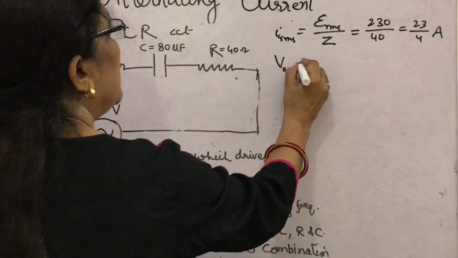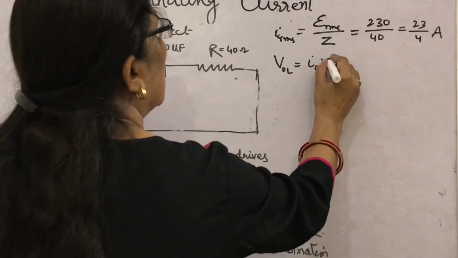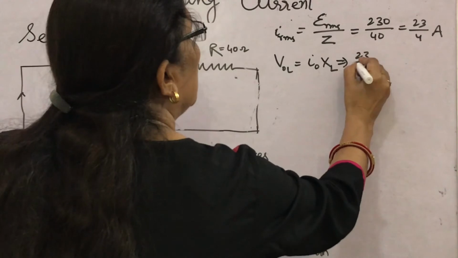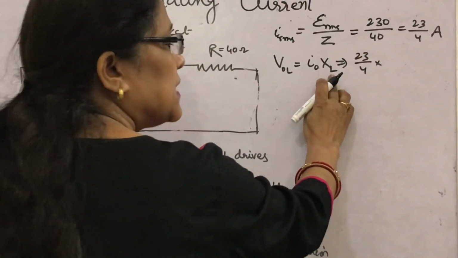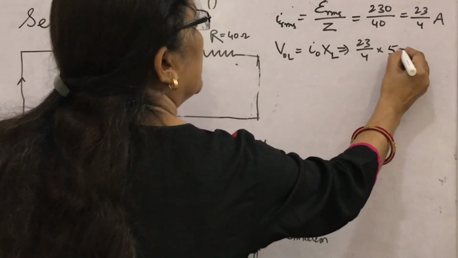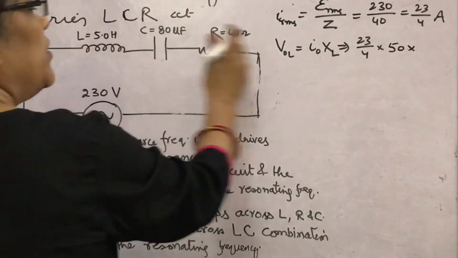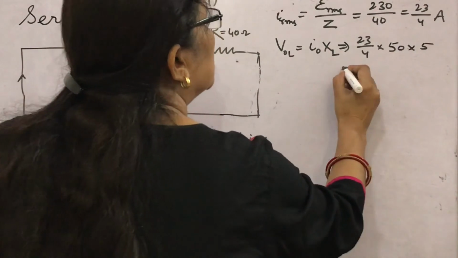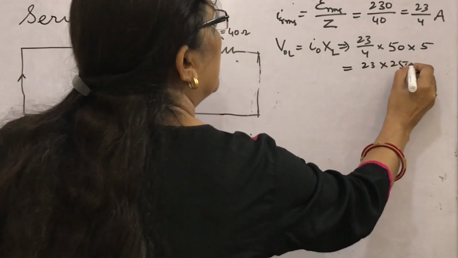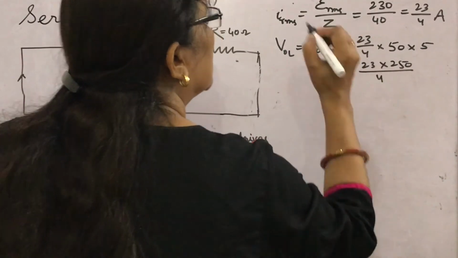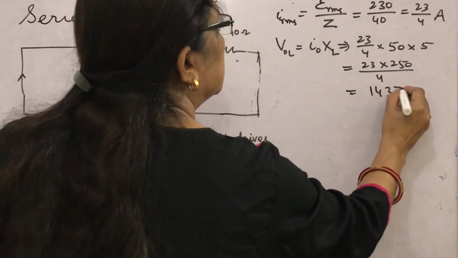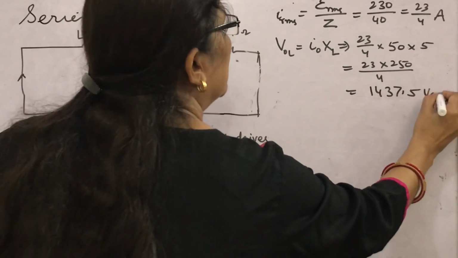How will you find V naught L? By I naught XL, or you can write 23 by 4 into XL. XL is omega naught L. Omega naught value is 50 into L, and L value is 5. So you will get 23 into 250 upon 4, which will be 1437.5 volt.